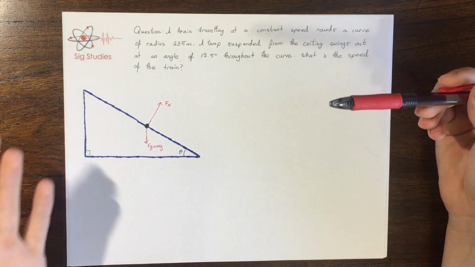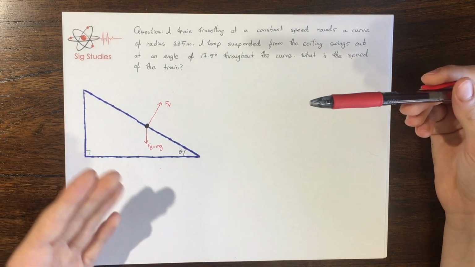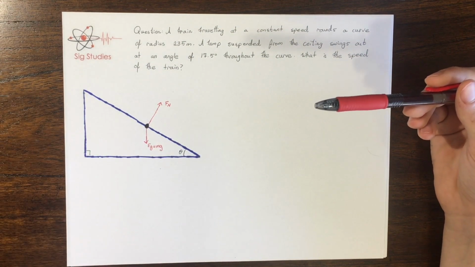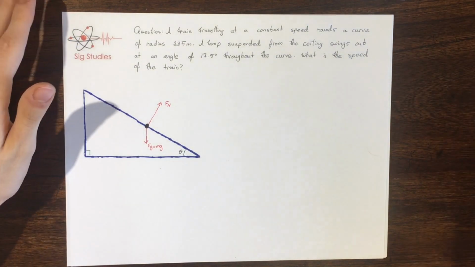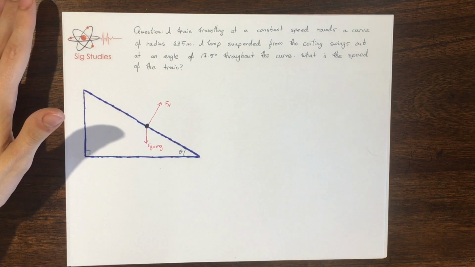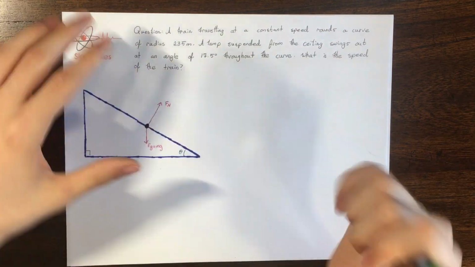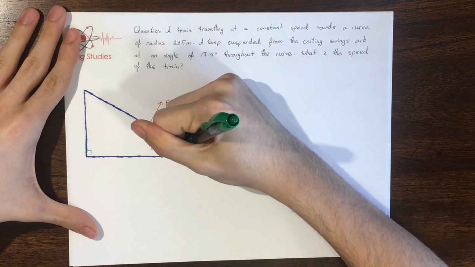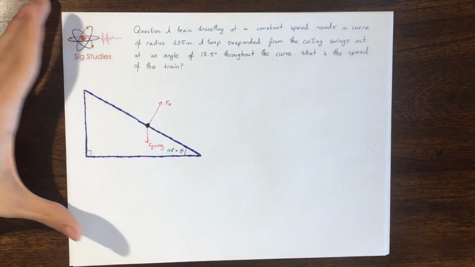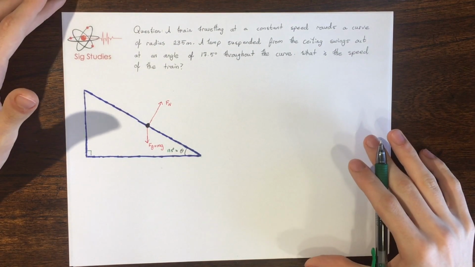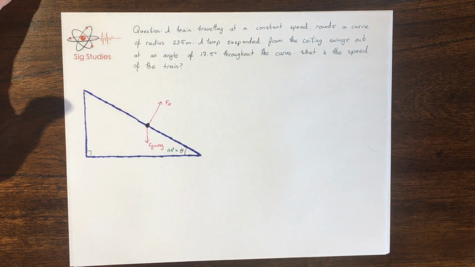If the curve was at a 10-degree angle, then the lamp suspended from the ceiling would also have a 10-degree angle throughout the curve. So all they are trying to tell us here is that our banked curve angle is 17.5 degrees. And this is going to be very helpful for us later on throughout the problem.